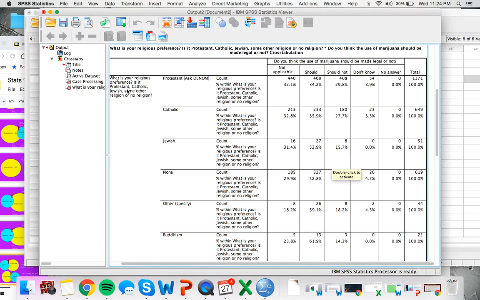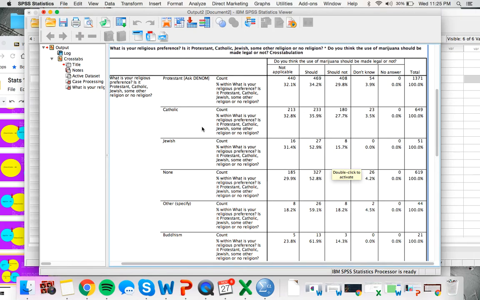So this is how you read the cross-tabulation, and this will be important for how you interpret it. Similar to how we were saying, of the people who like chocolate ice cream, this percent said that they used iPhones, right? Of the people who were Protestant, 34.2% said that we should legalize marijuana.